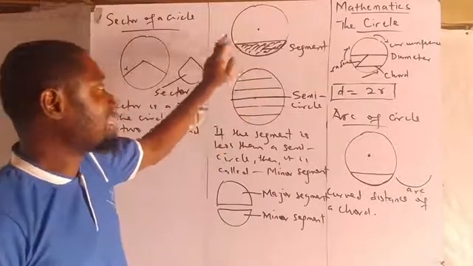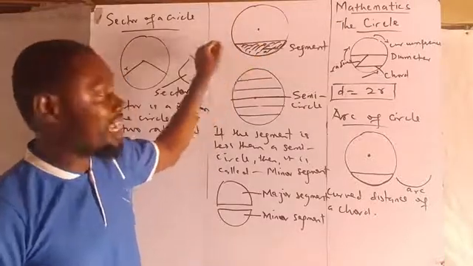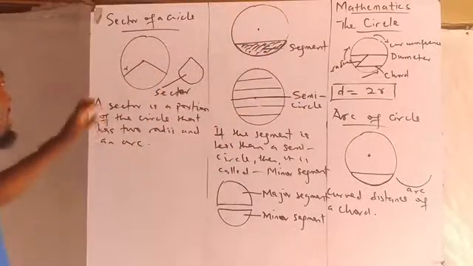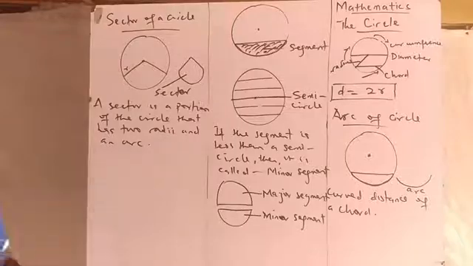That portion that has the chord and the arc is called the segment. Then a sector is a portion of a circle that has two radii and an arc. So carefully go through this.